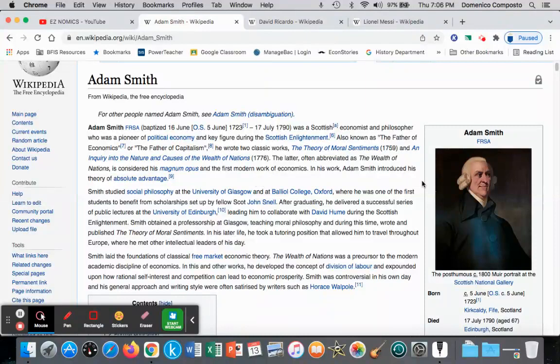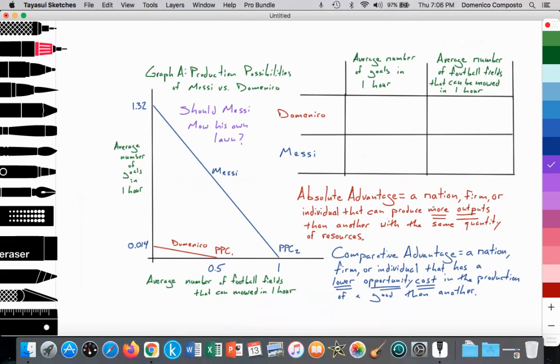So Adam Smith argued that nations that have the absolute advantage should pursue generating those types of outputs and then export them for trade. Again, absolute advantage: a nation or a firm or an individual that can produce more outputs than another nation, firm, or individual utilizing the same quantity of resources.